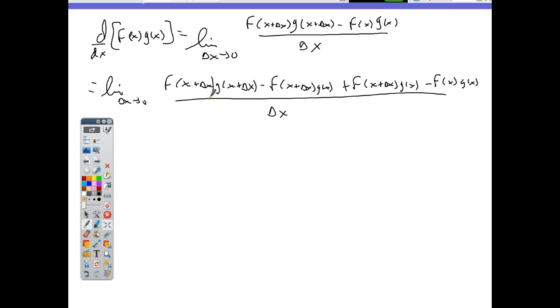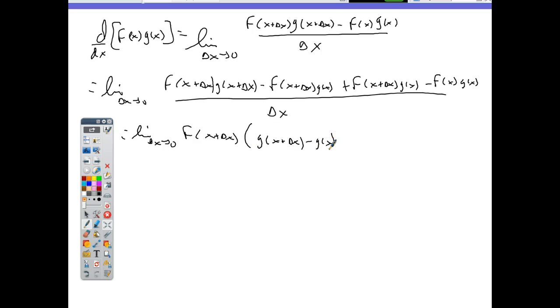But if I group this, I can get something very interesting going on here. I can get the limit as delta x approaches 0. I can pull out f of x plus delta x from the first two terms, and what I leave behind is g of x plus delta x minus g of x.